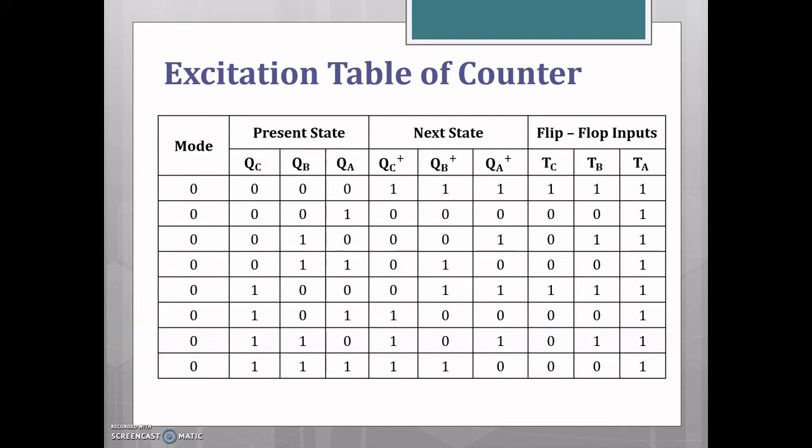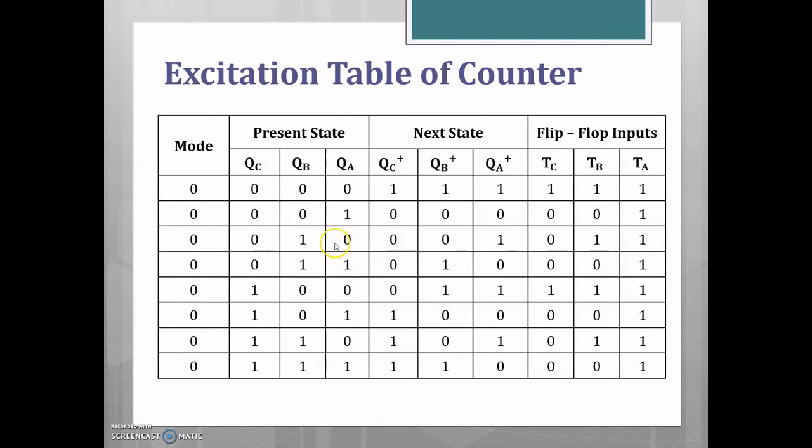Next, coming to the excitation table of the counter. Since it is a synchronous up-down counter, it consists of a mode input. If the mode input is 0, it is acting as a down counter. So for the present state 0, 0, 0, the next state is 1, 1, 1. And for the present state 0, 0, 1, the next state is 0, 0, 0.